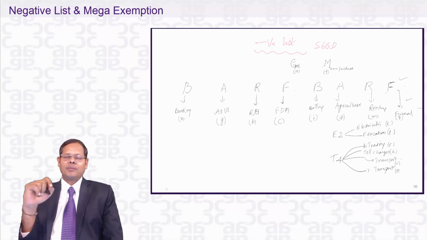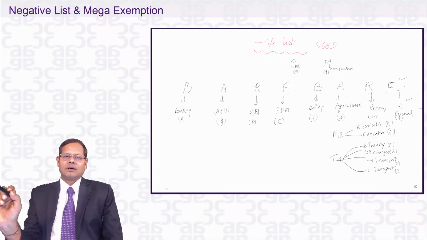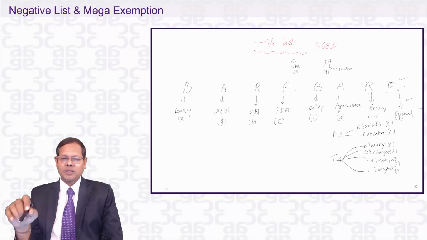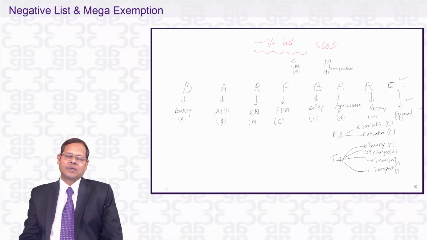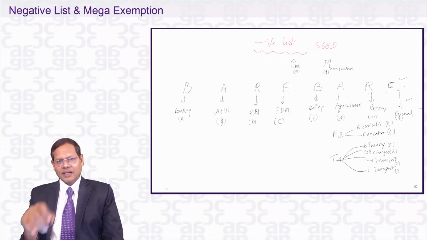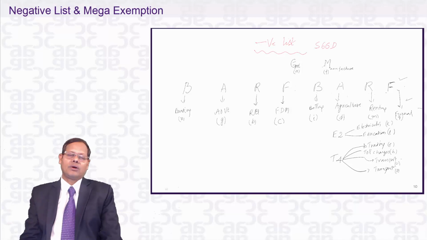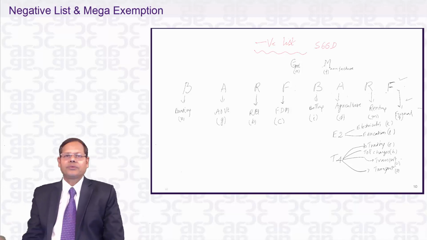If it is under abatement scheme, it is partly taxable. If it is under mega exemption, tax is nil. Taxable, chargeable, but tax liability is nil because of mega exemption by government. Suppose it is in the negative list, it is not chargeable at all. So that is what we have discussed first part today.